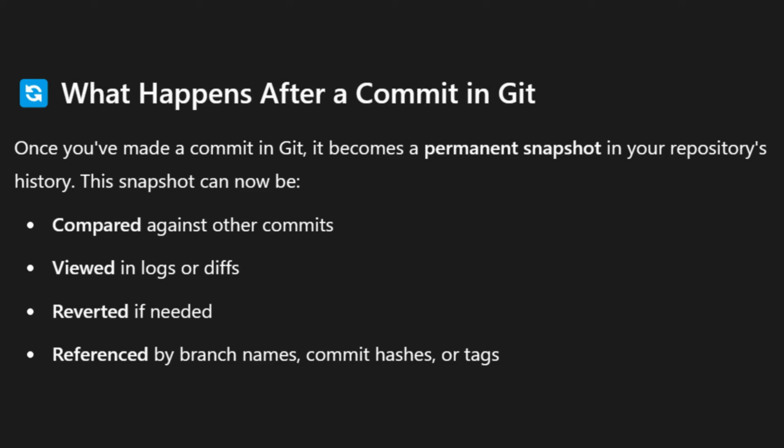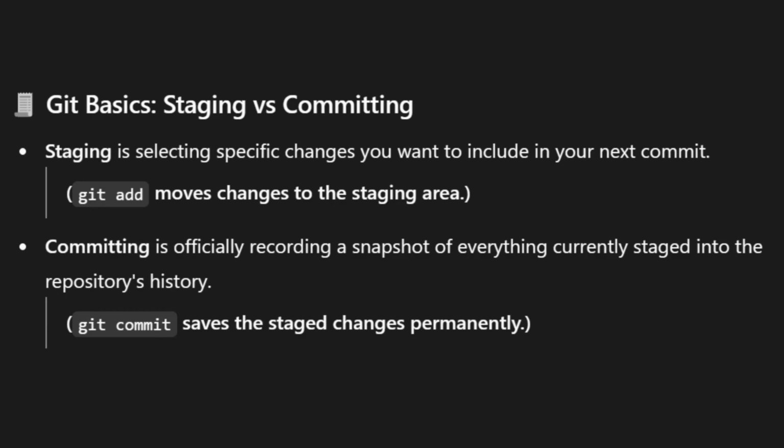We can go back to that commit, compare changes, version history, across commits, or even revert the repository, which we'll often say repo, to that exact point. So staging, git add, is like choosing what to include, and committing, git commit, is the act of officially recording it in the repo's timeline.